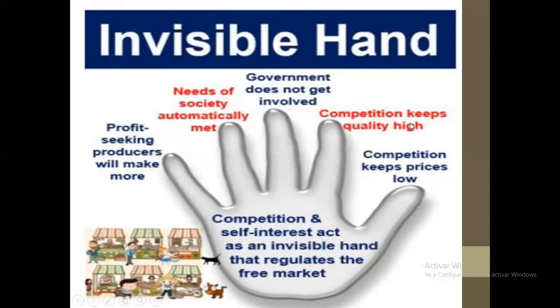Competition keeps quality high. La competición mantiene la calidad alta y la competition keeps the price low. Mantiene el precio bajo. Por supuesto, eso no siempre sucede. Por ejemplo, lo que está sucediendo ahorita mismo con el coronavirus, ¿ok? Se dispararon los precios de ¿qué? El alcohol, el alcoholado y todas estas cosas. Entonces, ¿qué? Tuvo que venir la ACODECO. Ahí el Estado tiene que meterse, tiene que verse envuelto para que se normalice y no se abuse del consumidor, ¿ok?